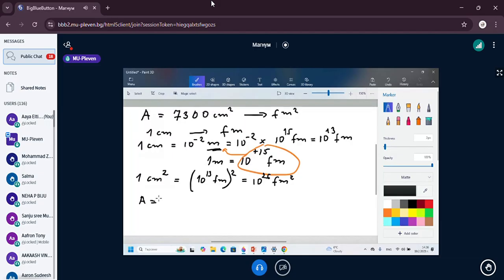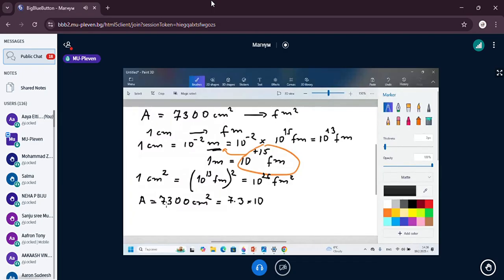So let us proceed with the original number. A is 7,300 squared centimeters. This in scientific notation. The understood decimal point shifted to the left, which makes 7.3 times 10.